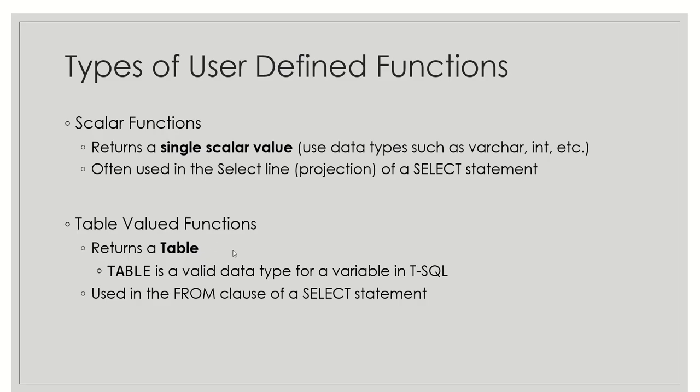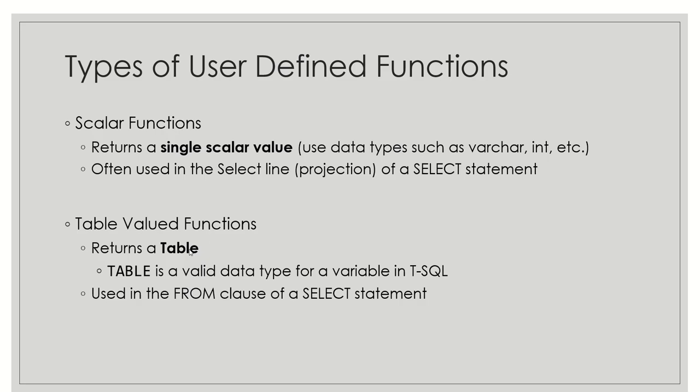The other type of user-defined functions is a table-valued function, and this is a function, of course, that returns a table. A table consists of tabular data, rows and columns, and it's implied that we then are returning many values. So it's not one single value, it's many values. We're returning a table, and actually we define the data type as table.